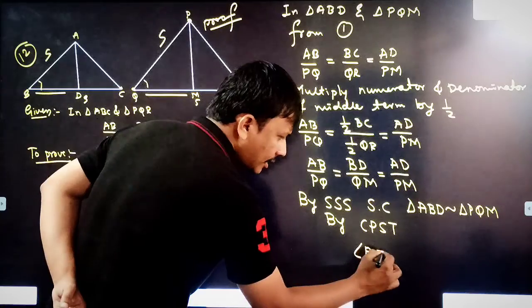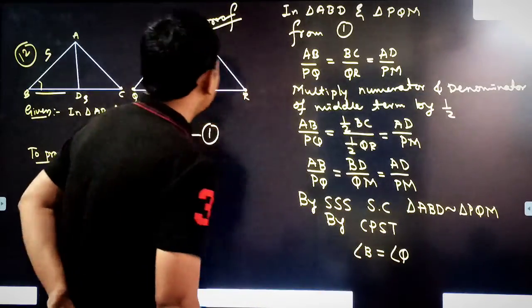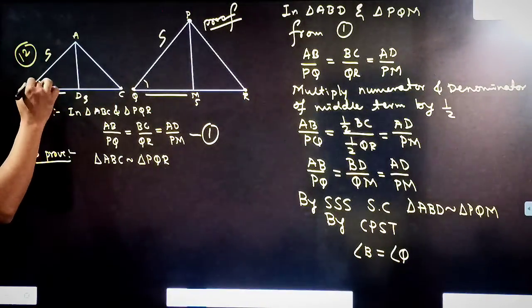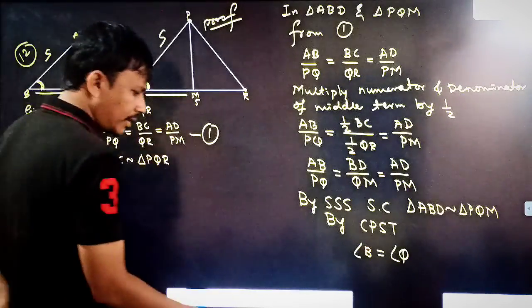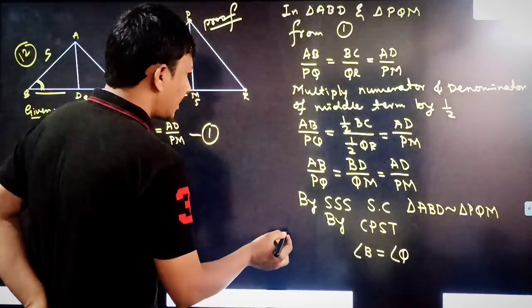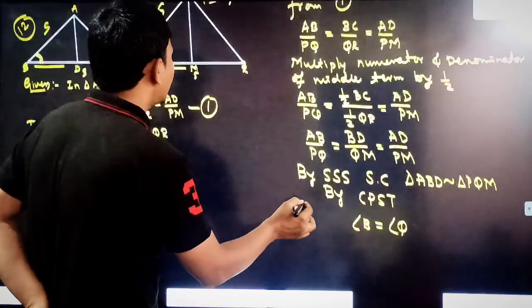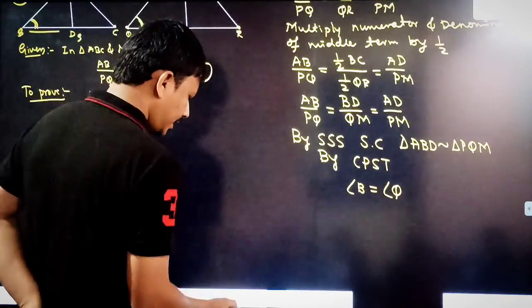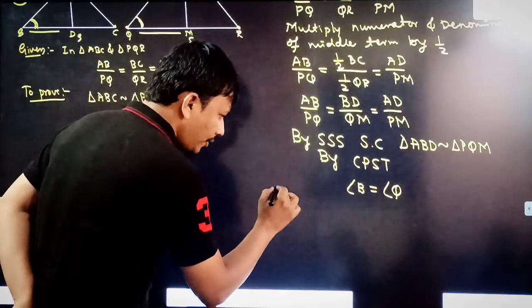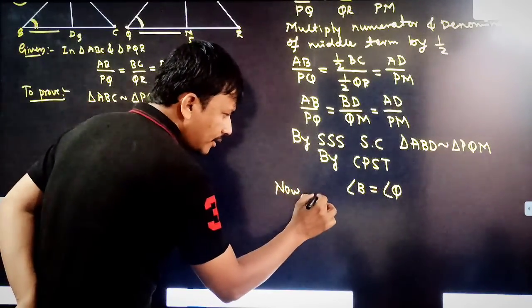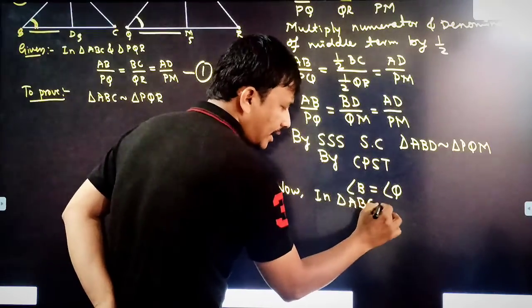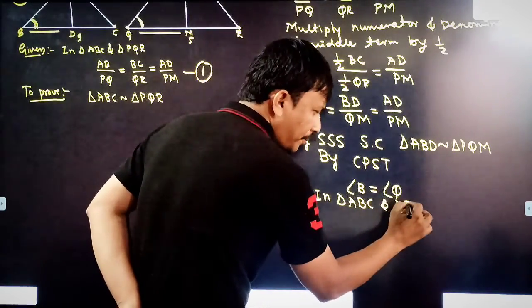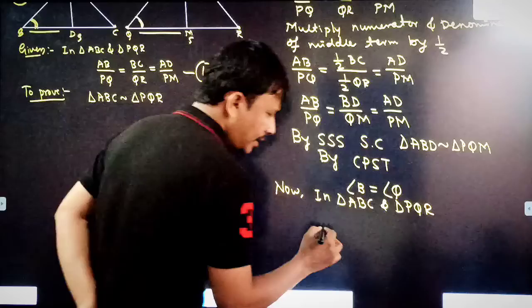By CPST, corresponding parts of similar triangles, angle B is equal to angle Q. What we got now? Angle B is equal to angle Q. Now let us consider the bigger triangles ABC and PQR.